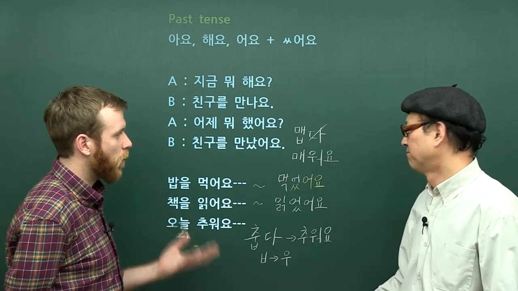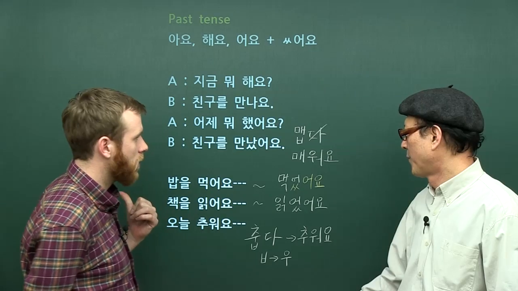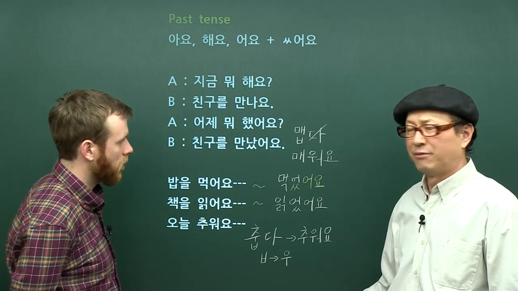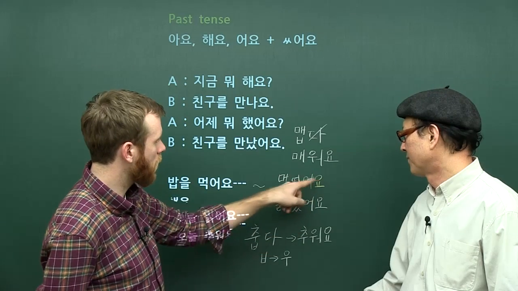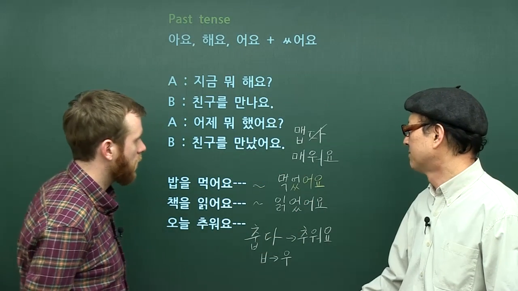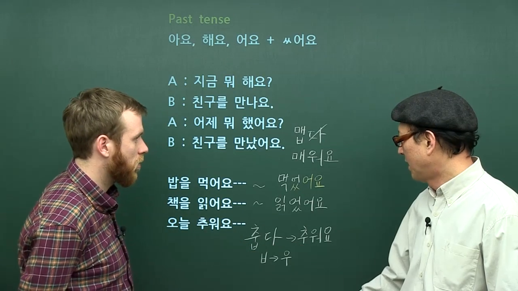So kimchi is spicy. And to say in the past it was spicy, 매웠어요. So same ending here. 추워요, 매워요. We just add ㅆ.